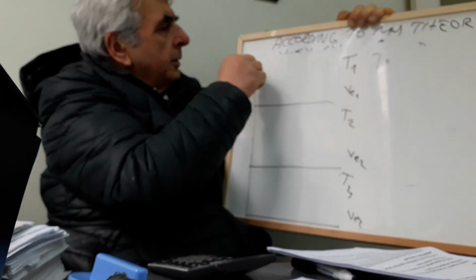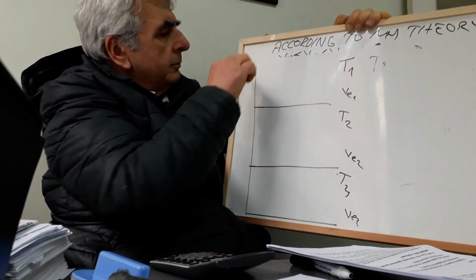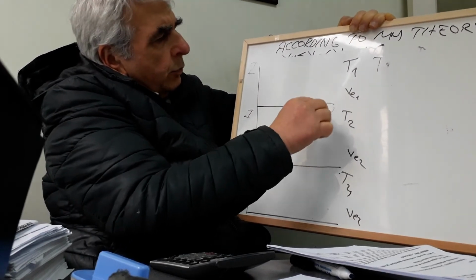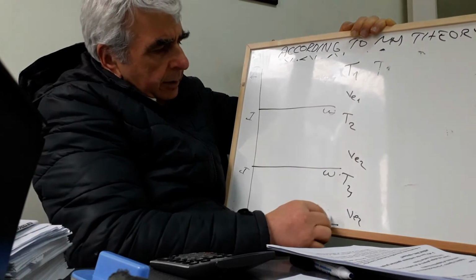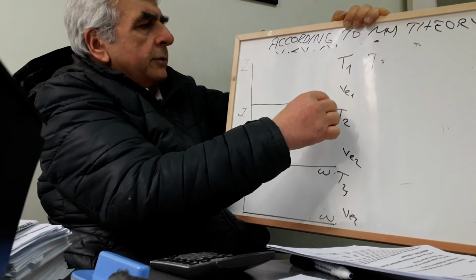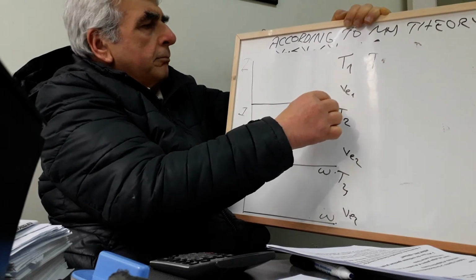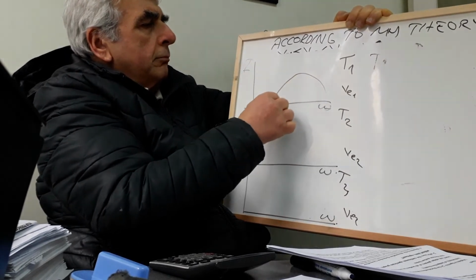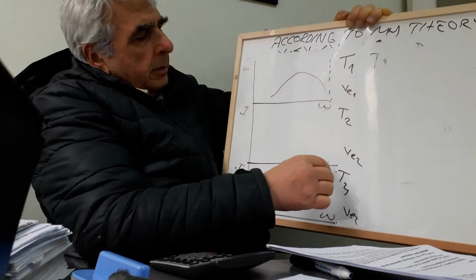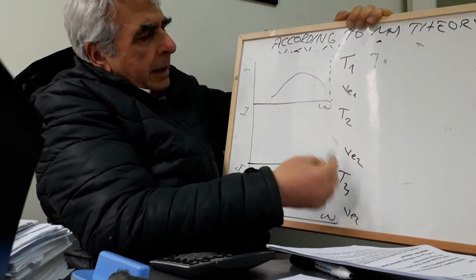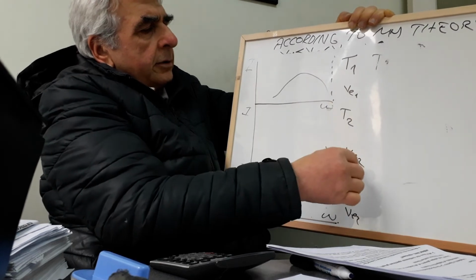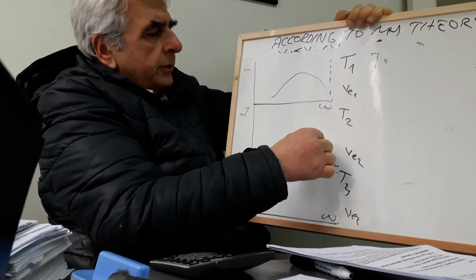Now, intensity, wavelength. Here, high temperature from the sun. Higher temperature, greater relocating electron motion form velocity graph.